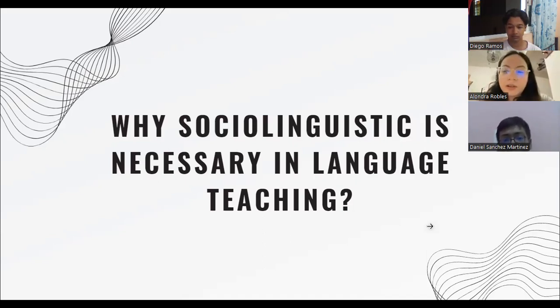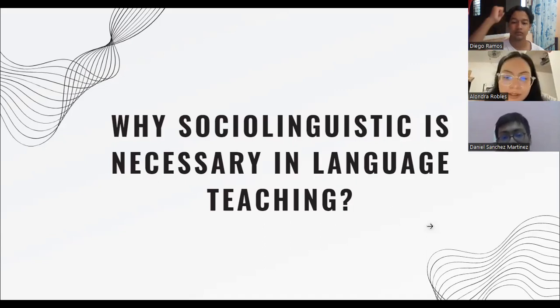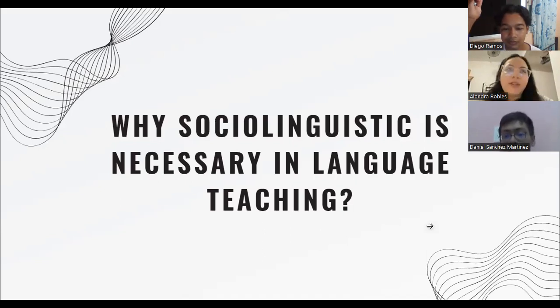And also sociolinguistics is useful in English or any other language, for example, Spanish, Italian, French, German, or whatever language classes, because it helps students to understand how language is influenced by social factors such as culture, that we have mentioned before, socioeconomic status, gender, age, and much more.